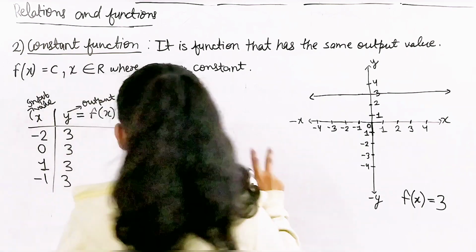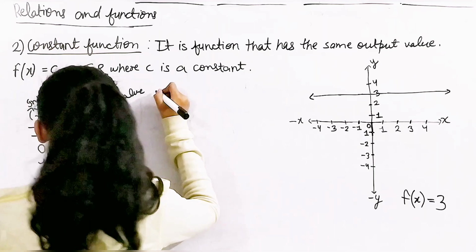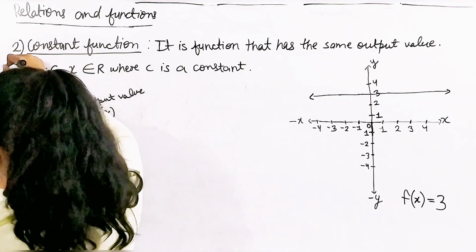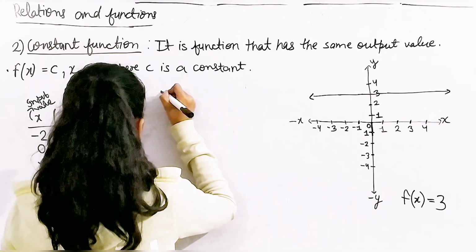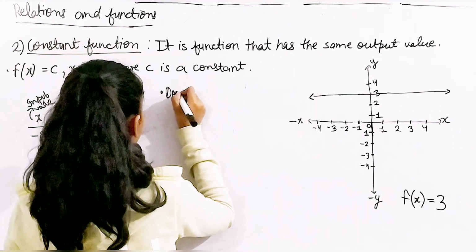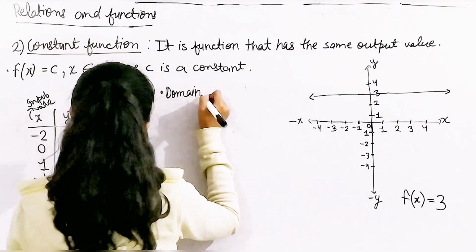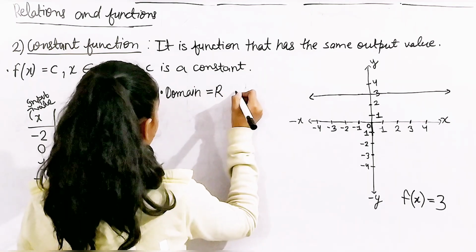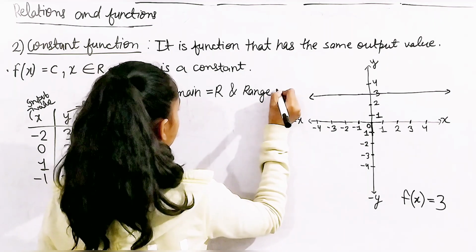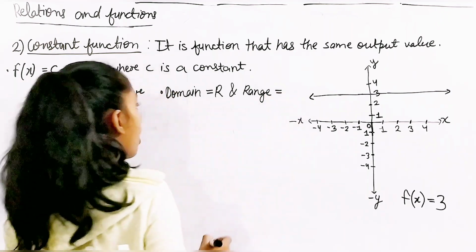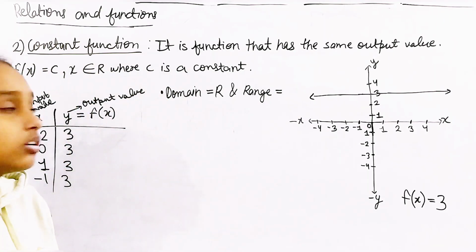And the second thing is about its domain. I'm going to say this as a point related to this graph. The second one is domain. So domain will be the real numbers. And range, what's going to be the range?